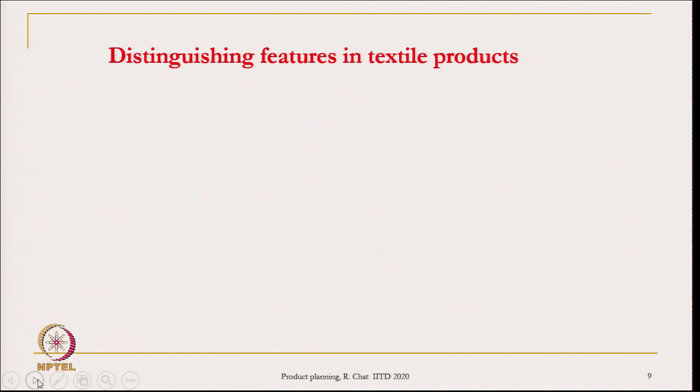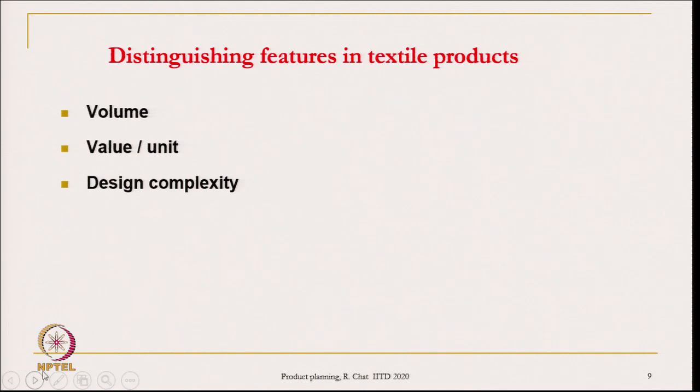Okay. Now, distinguishing features in textile products. One of the important distinguishing features is volume. The other important feature is value per unit, and the third distinguishing feature is design complexity.